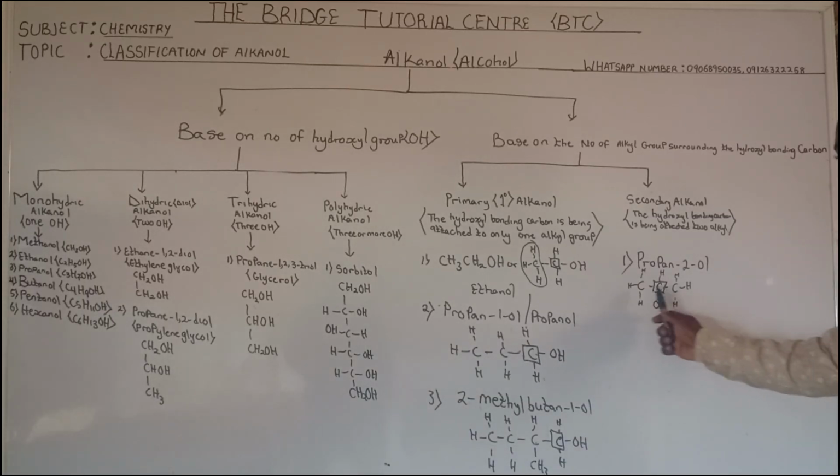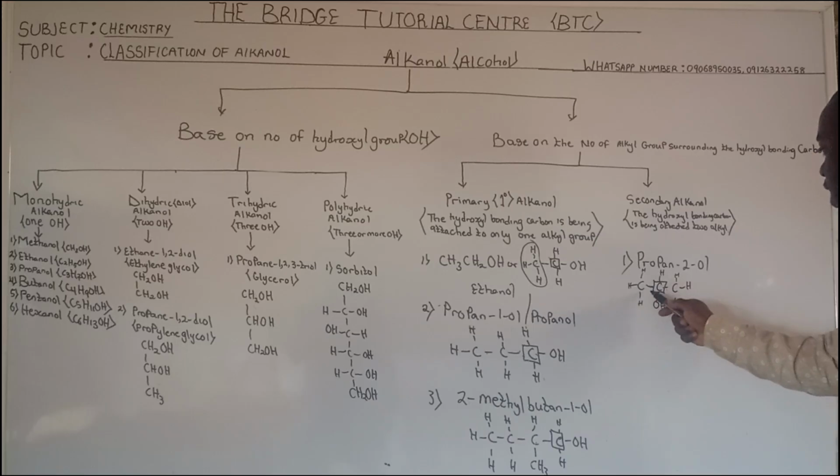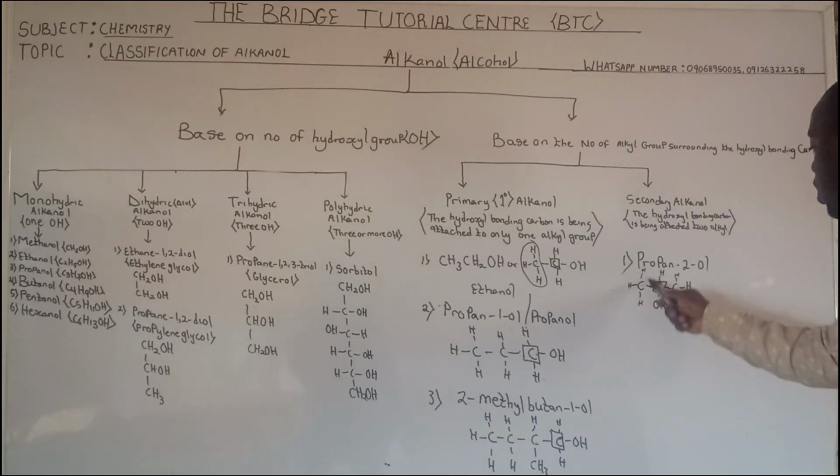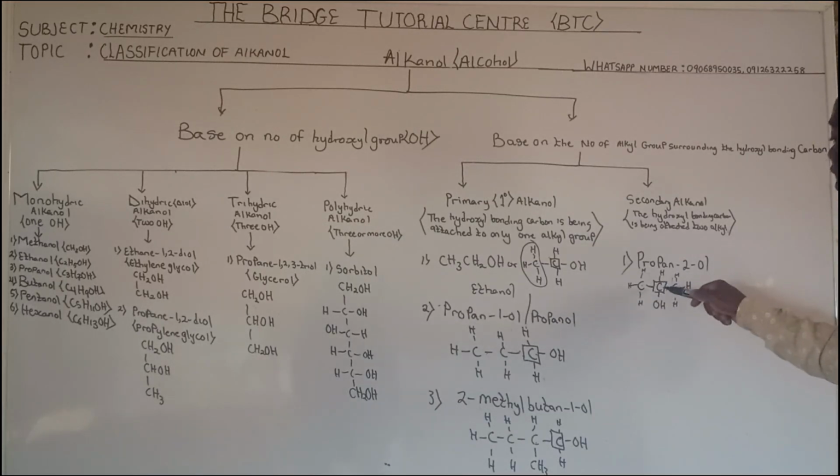You can see this bond is being directly attached to this carbon 1, it is also being attached directly to this carbon 2. So we have 2 carbon surrounding the hydroxyl bonded carbon, or you can say 2 alkyl groups. You know this is an alkyl, this is another alkyl, surrounding the hydroxyl bonded carbon. That's why we call it a secondary alkanol.